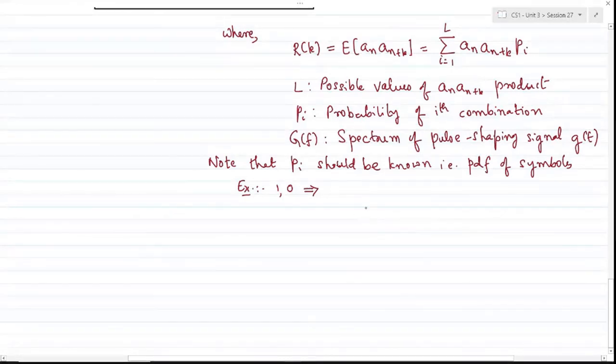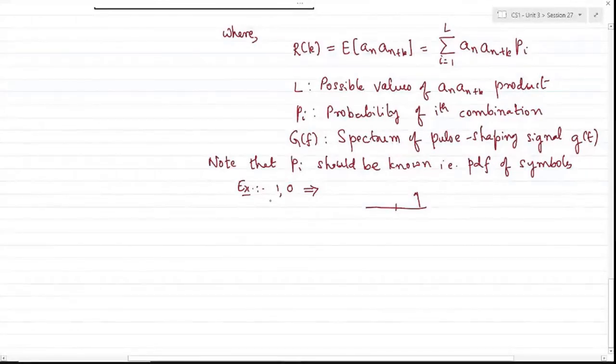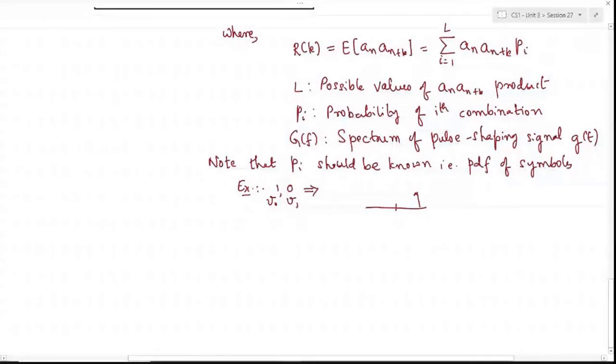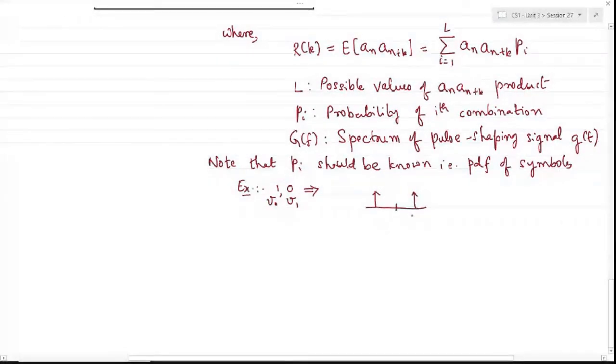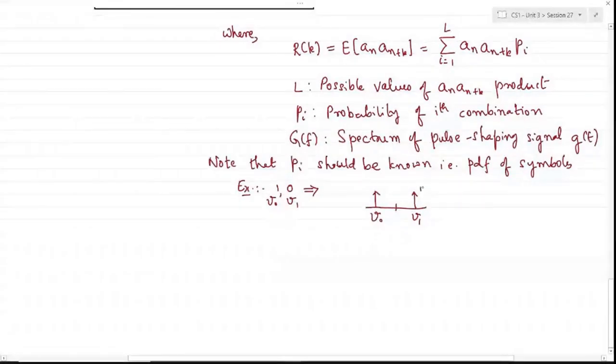If I say this has V0 and V1 as two symbols, the density function can be plotted like this, with V1 and V0. If these are equiprobable, it's a uniform distribution between these two. As we know, a continuous uniform distribution is simply a rectangular pulse. Since it's discrete, it will have values at the symbol values.